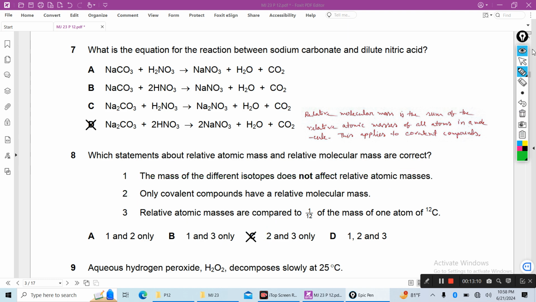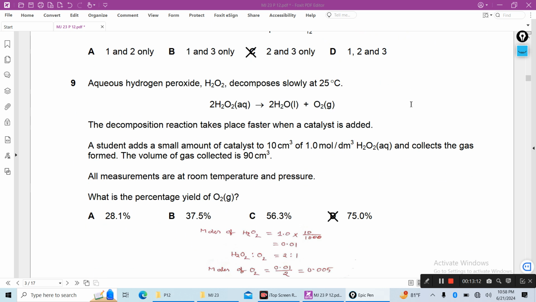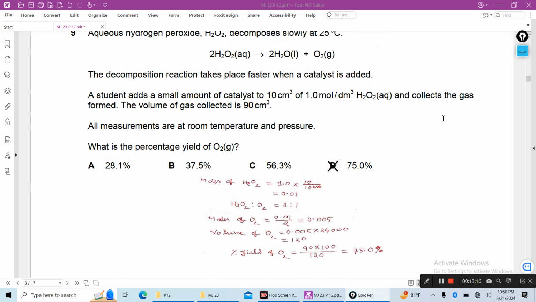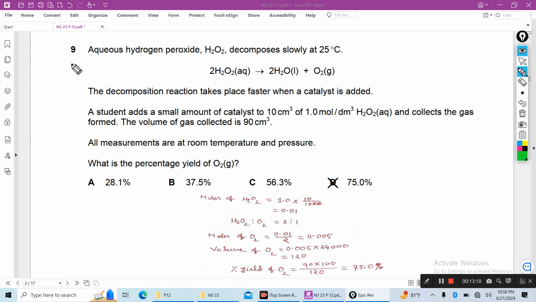Next, 9. Aqueous hydrogen peroxide decomposes slowly at 25 degrees centigrade. Hydrogen peroxide decomposes to give oxygen and water. The decomposition reaction takes place faster when a catalyst is added. A catalyst speeds up the reaction.